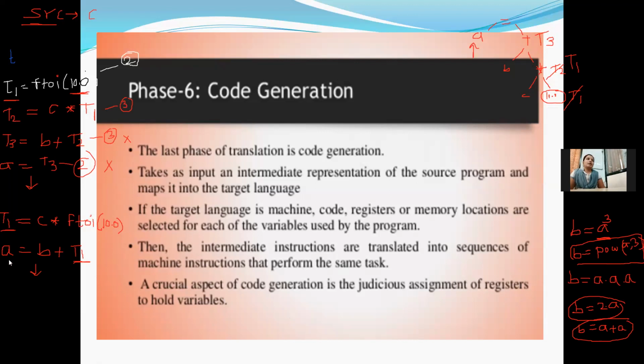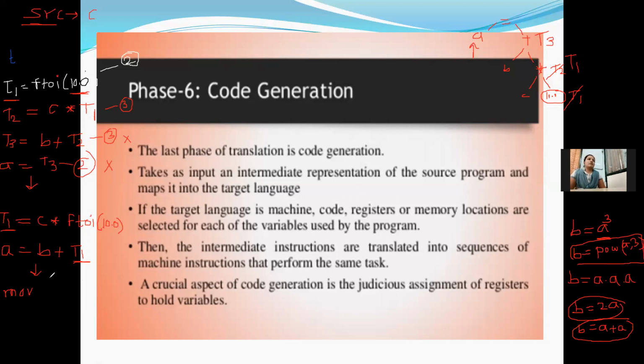So what will be the target code for this? I will have the target code like this, and I will be using the machine assembly language. So I will be using the move instruction. First, I have to move this 10.0, or if I'm going to multiply as a constant, then it is okay.